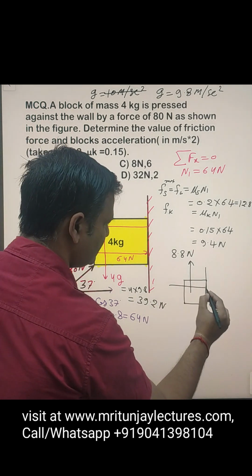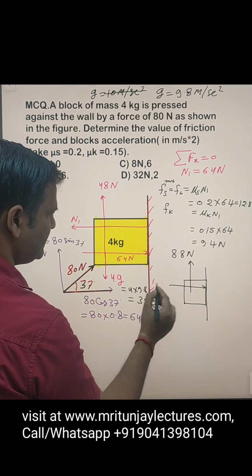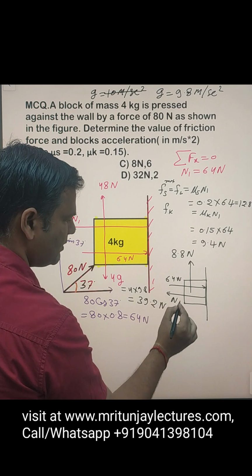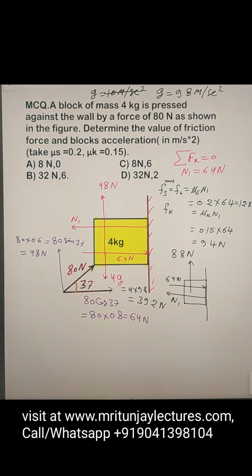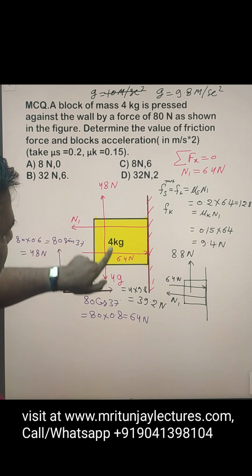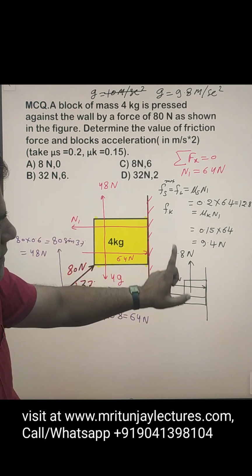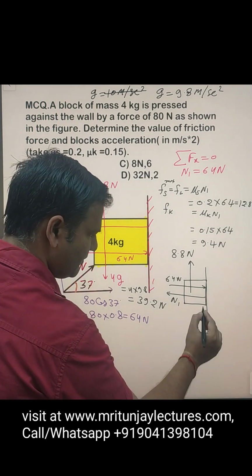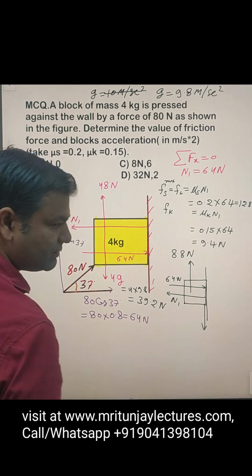And here the normal force is 64 Newton, and here N1. Clear? The net force in the Y direction is 8.8 in the upward direction. So the frictional force develops in the opposite direction.